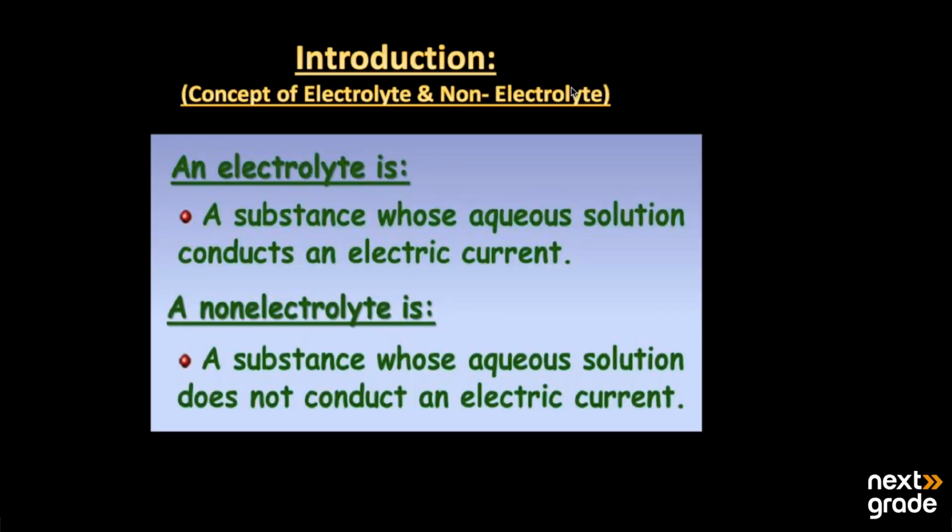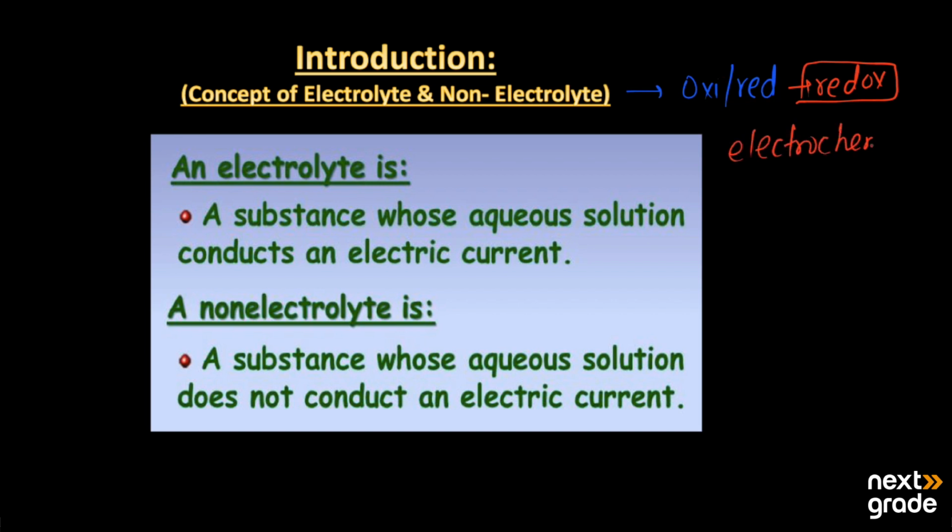So, the topic we are going to discuss here is the electrolyte and the non-electrolyte. Basically, this concept is very important to understand all the chemical processes, or all the processes of oxidation and reduction, or overall what we can call the redox reaction. To understand these types of reactions, we must know the electrolyte and non-electrolyte, as they are used in the electrochemical cells.